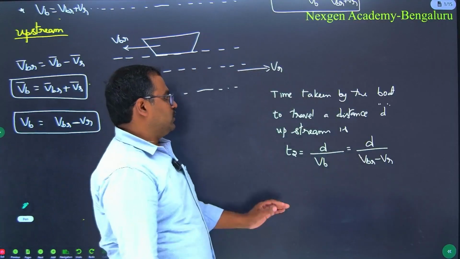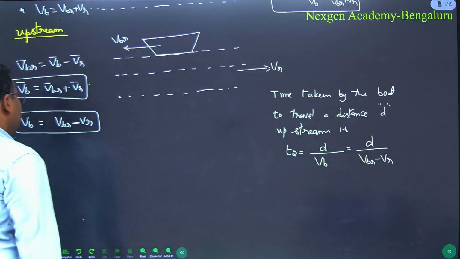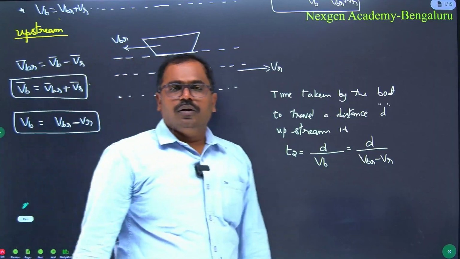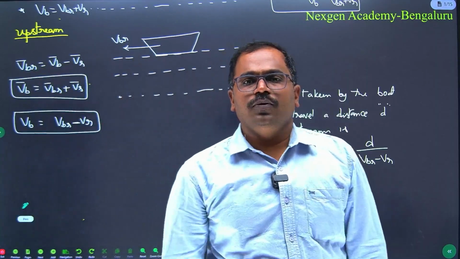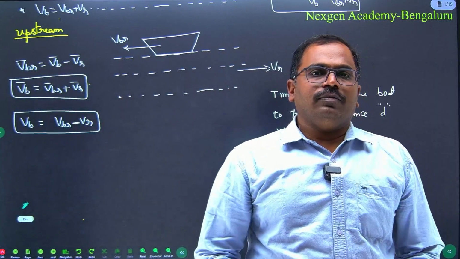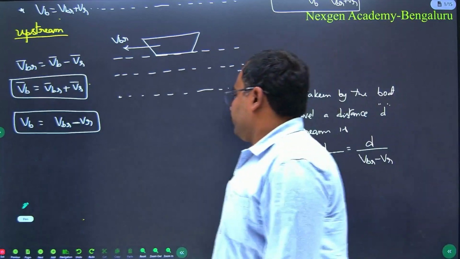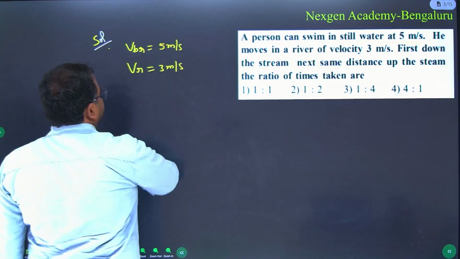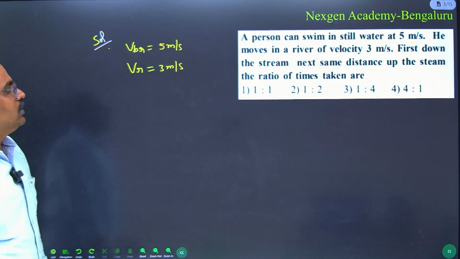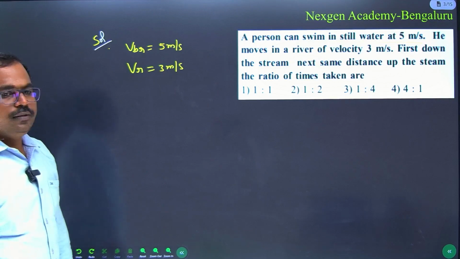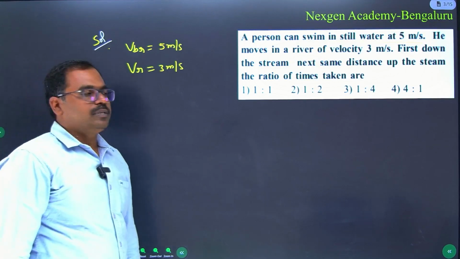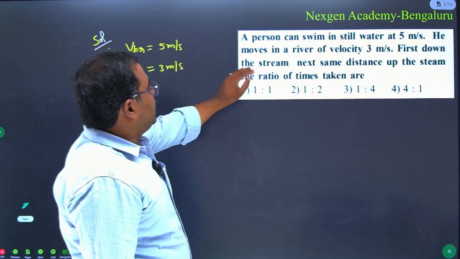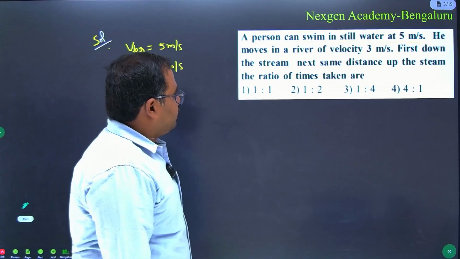Okay, right. Now let me take one question on upstream and downstream so that you can understand what upstream and downstream are. So look at this question. A person can swim in still water at 5 meter per second. He moves in a river of velocity 3 meter per second.